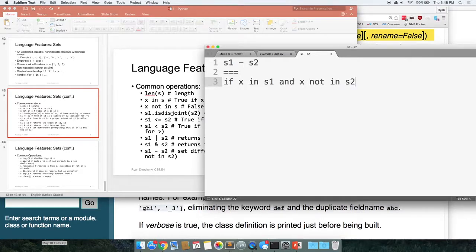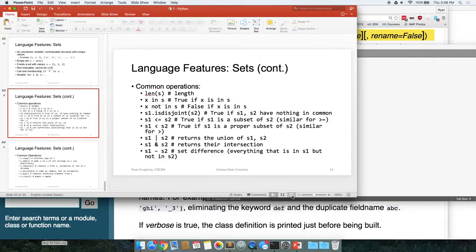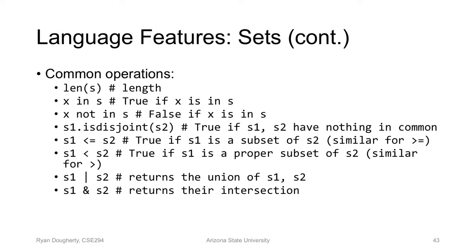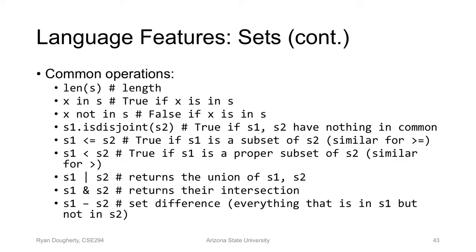Those two things are equivalent, but what this does is actually return you the set of the things that have this property, that are in the first set and are not in the second set. Okay? So any questions on these first set operations?